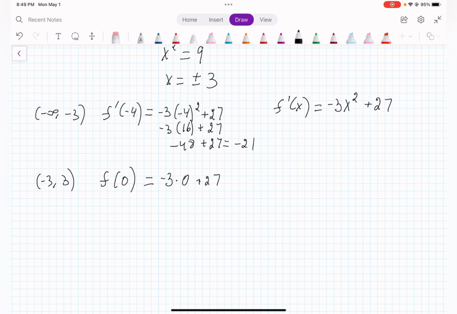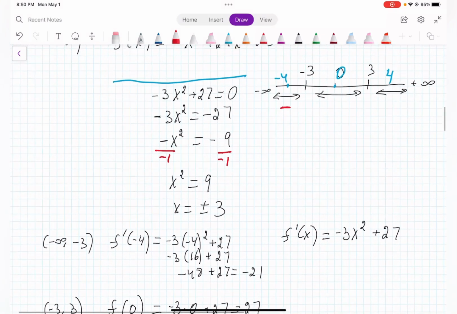So we are getting 27, which means on this interval we are getting positive. So here we get negative and then positive. So -3 is going to be our relative minimum, right?